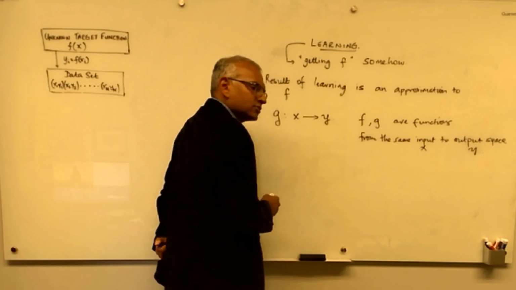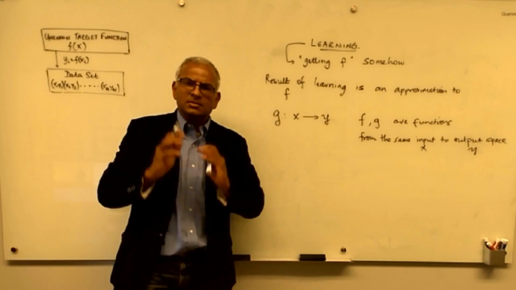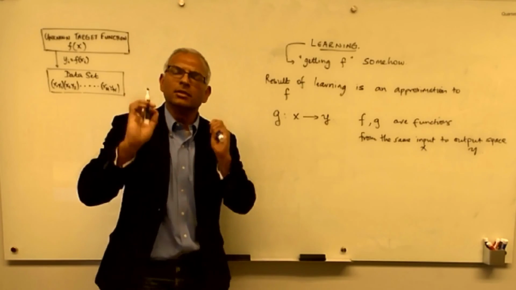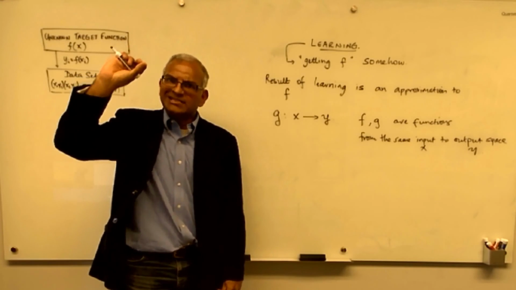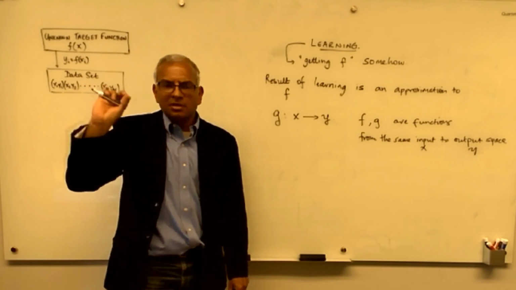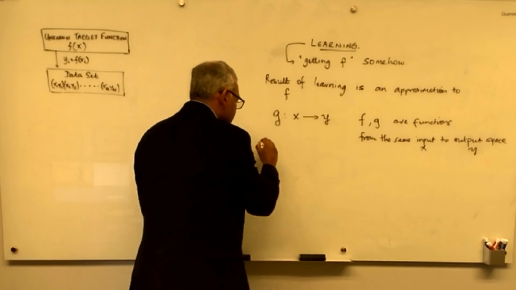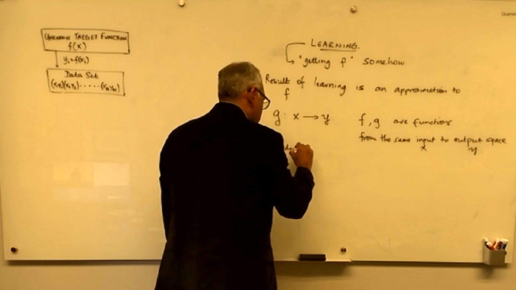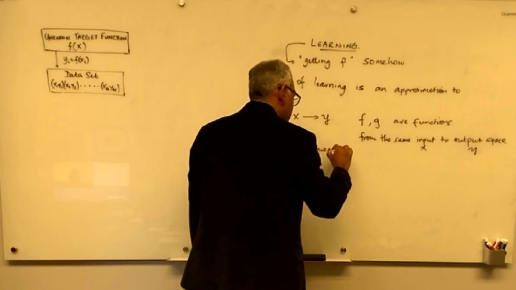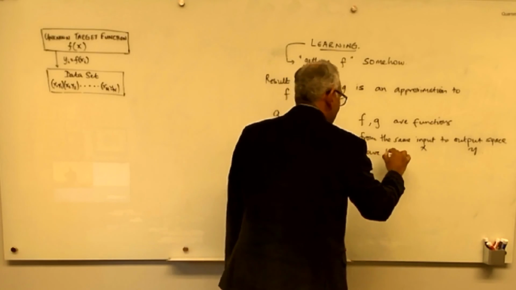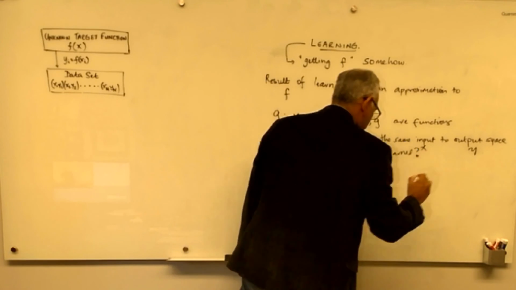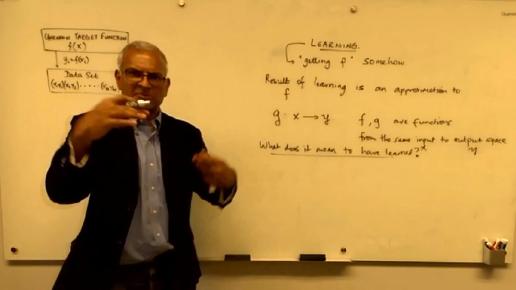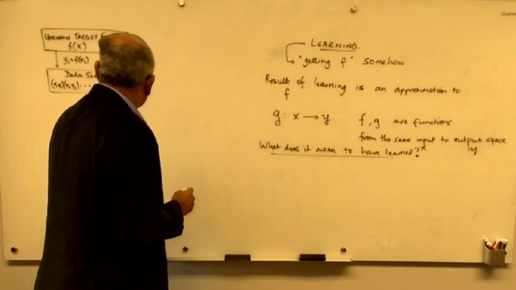Okay. So we need to decide, what does it mean to have learned? Okay. And here we are exactly pinning down the learning problem. Okay, so what does it mean to have learned? Okay. So let me throw out a couple of possibilities. Possibility 1.